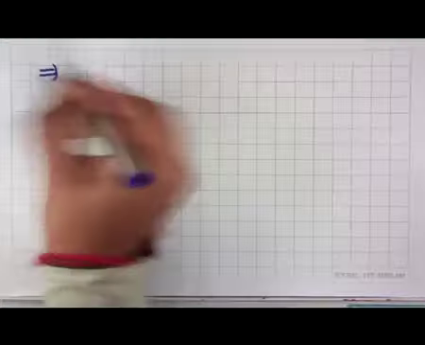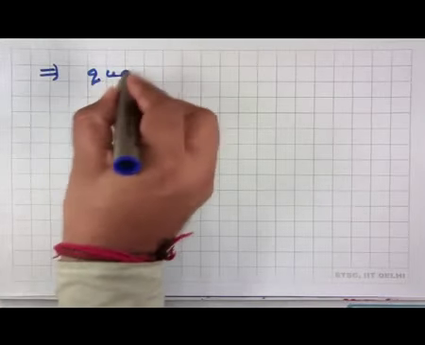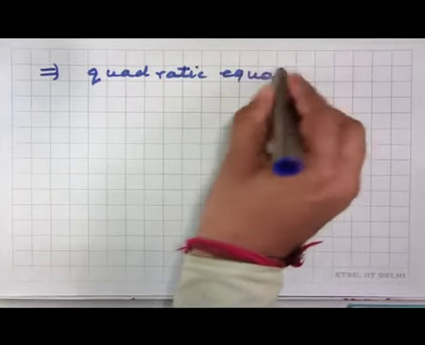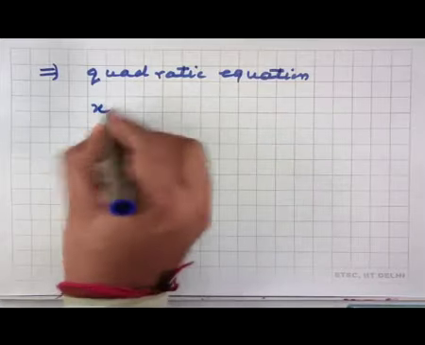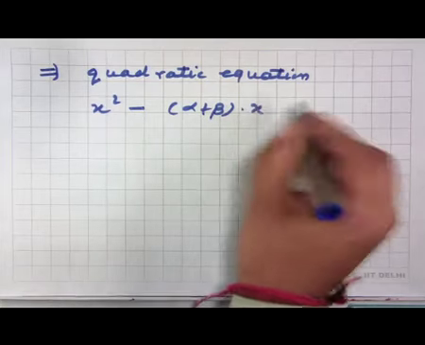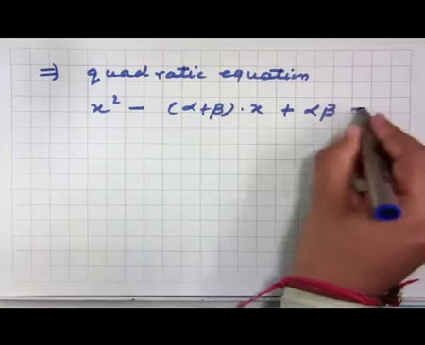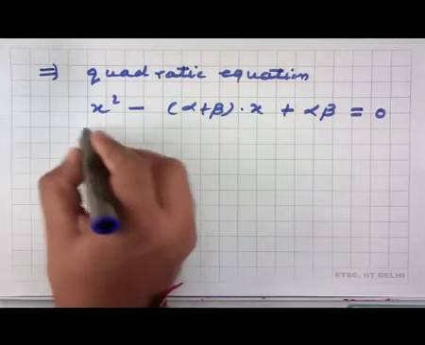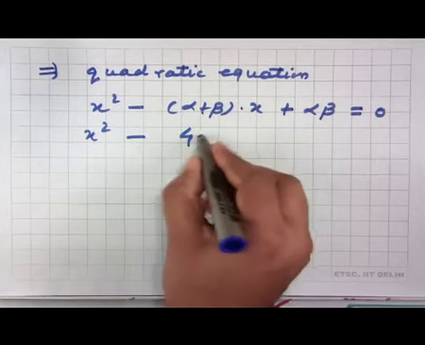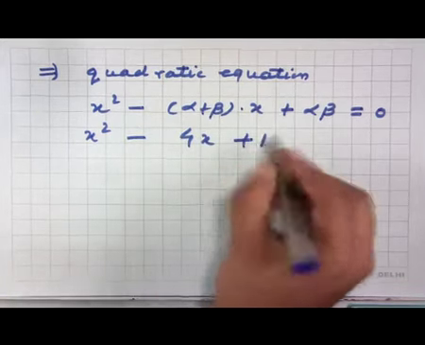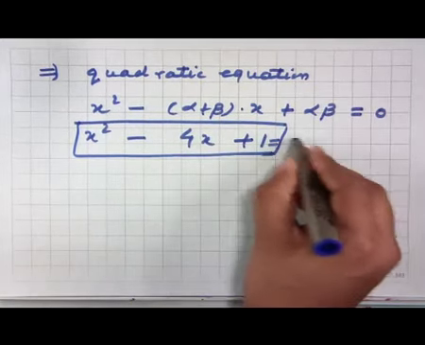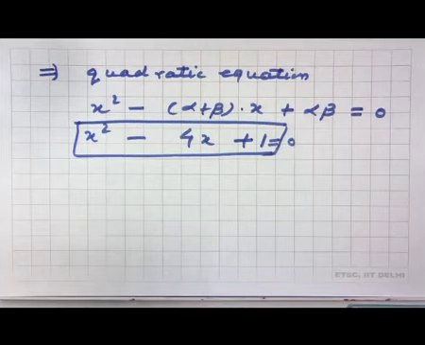The quadratic equation will be x square minus (sum of roots) x plus product of roots equal to 0. So x square minus 4x plus 1 equals 0. This will be the quadratic equation.